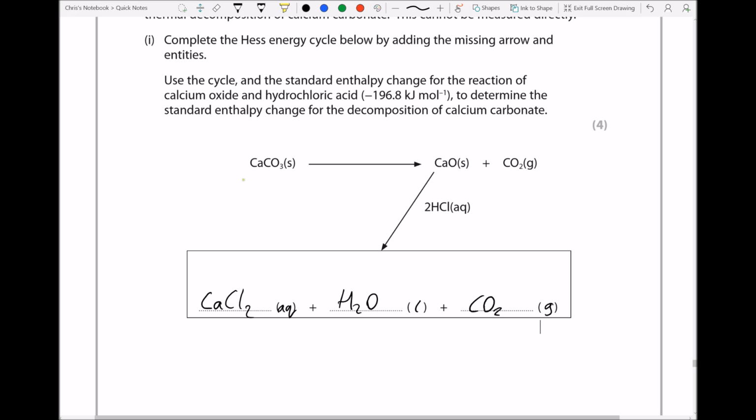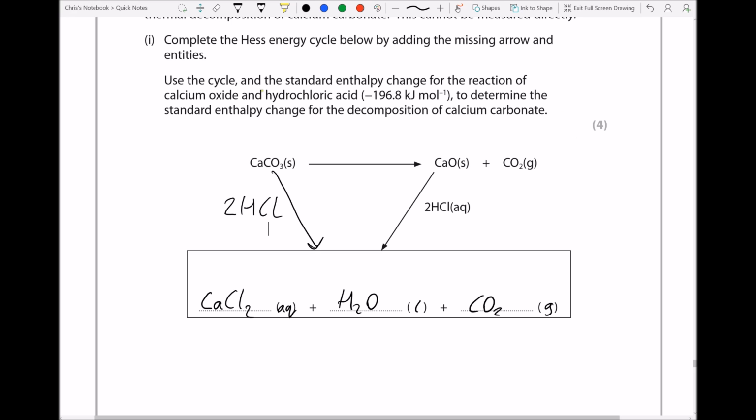When we react calcium carbonate with hydrochloric acid, which is this, we produce calcium chloride, water, and carbon dioxide. So acid plus carbonate forms salt plus water plus carbon dioxide. So the arrow is going to point downwards because these are products from this reaction. I'm going to put 2 HCl here because that's what we're going to react, 2 HCl to produce these products at the bottom. Right, so that's the cycle completed.